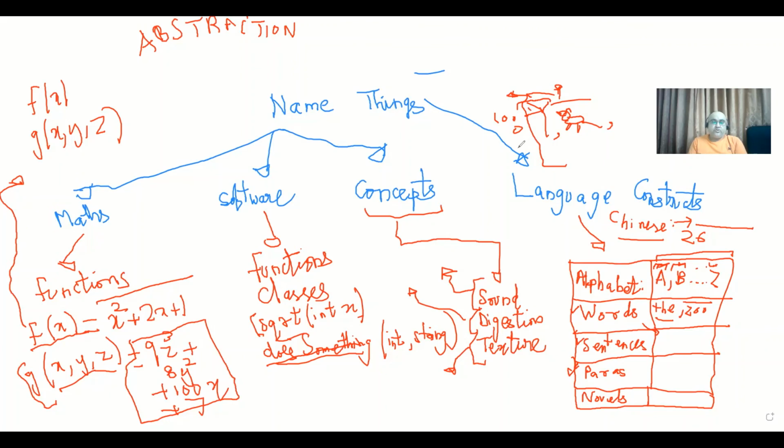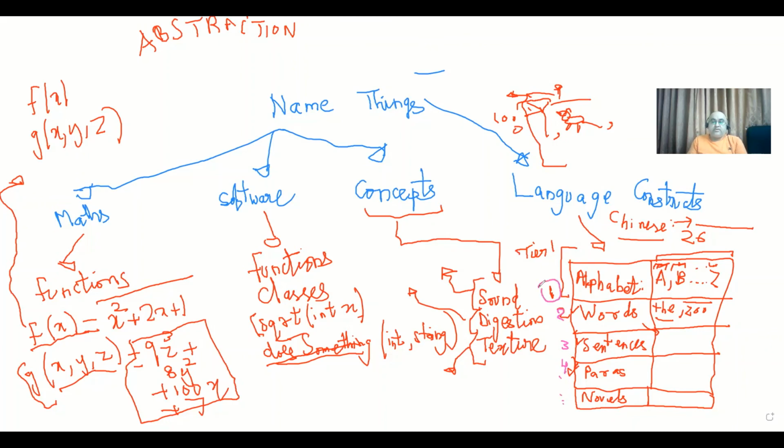The point I'm trying to put forth is that the decision of abstracting out a complexity layer at this tier, which is, let's say, tier 1 of the language construct, and using it in tier 2, so let's say this is tier 2, this is tier 3, this is tier 4, so on.